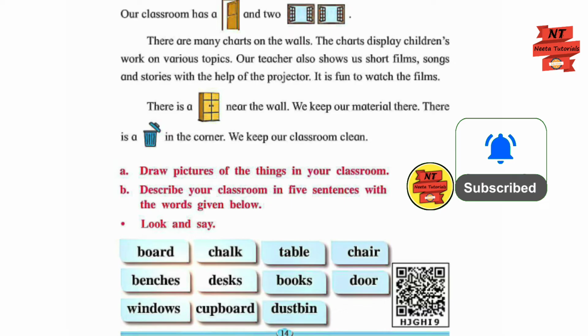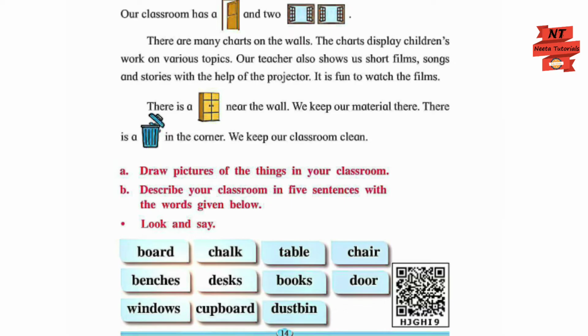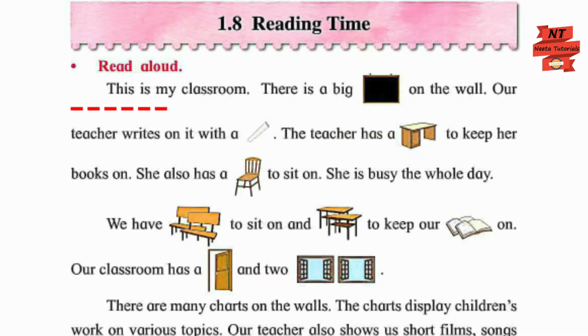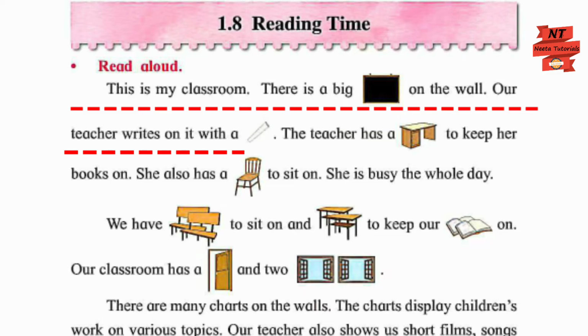Okay, now we will read the passage. So let's start the passage. This is my classroom. There is a big board on the wall. Our teacher writes on it with a chalk. The teacher has a table to keep her books on.